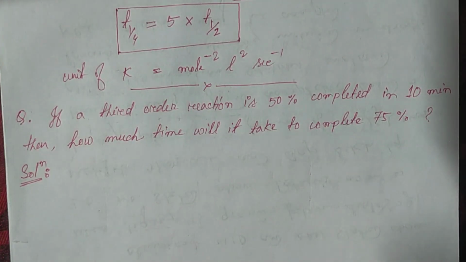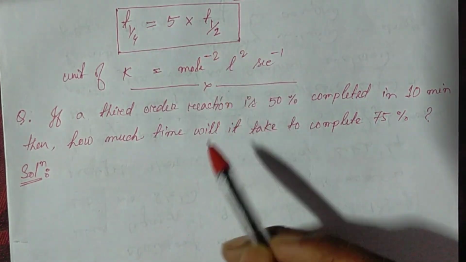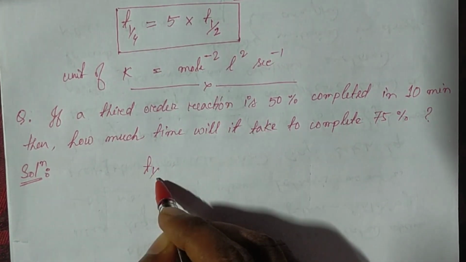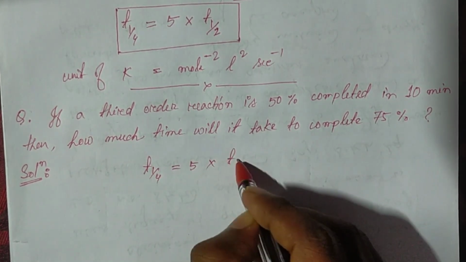In this question, if a third order reaction is 50% completed in 10 minutes, then how much time will it take to complete 75%? 75% means quarter lifetime, and 50% means half lifetime. As we know, t 1 by 4 is equal to 5 into t half.